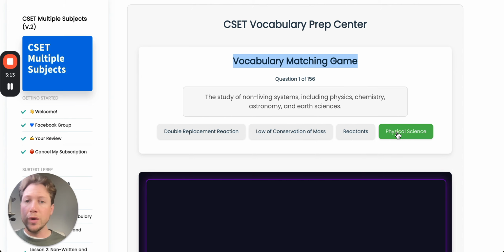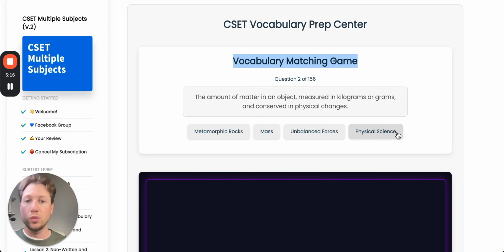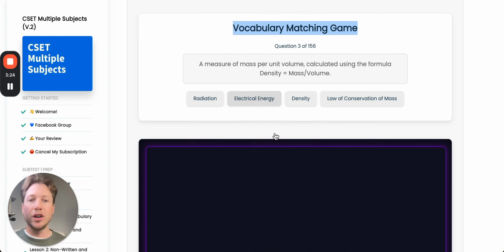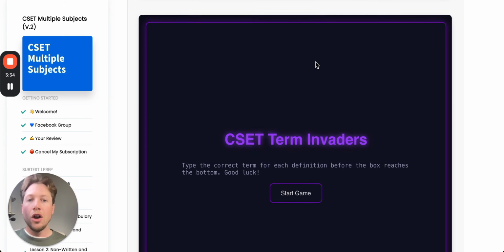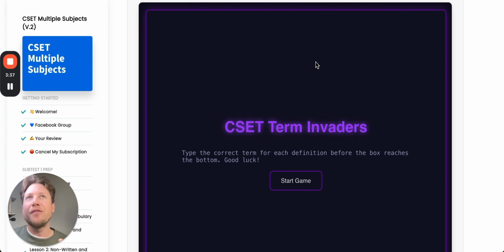If it turns green on the one that you picked, you got it right. If it turns red, it's wrong. Again, the amount of matter in an object, then you can go, okay, maybe that's mass, and then it's green, so it's right. And it has all 156 terms that if you master, you are statistically likely to have a higher chance of passing your Subtest 2, but still, it didn't feel fun.